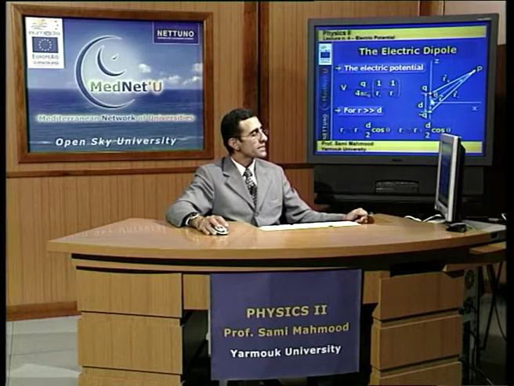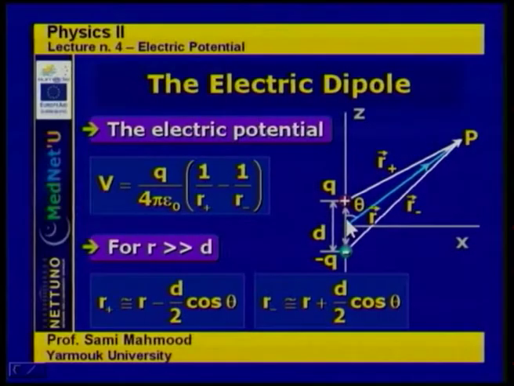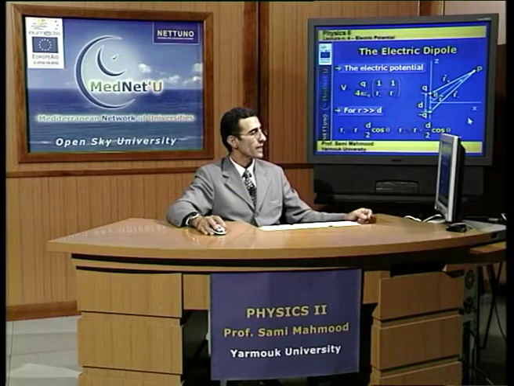And theta is the angle between R, the position vector from the center of the dipole to the point of interest, and the z direction. That is what theta is.